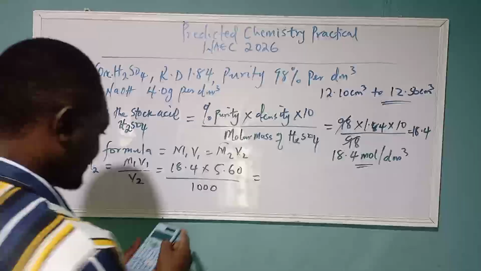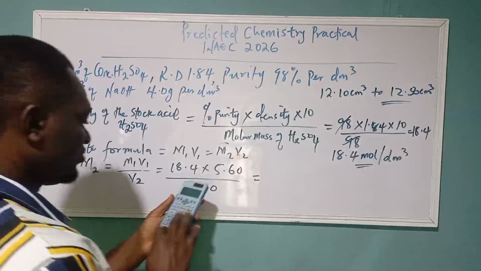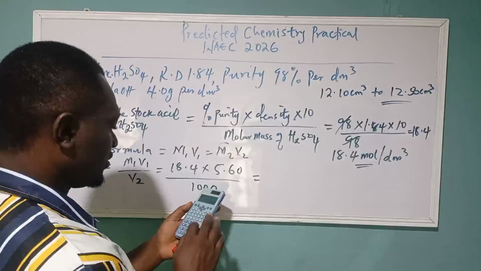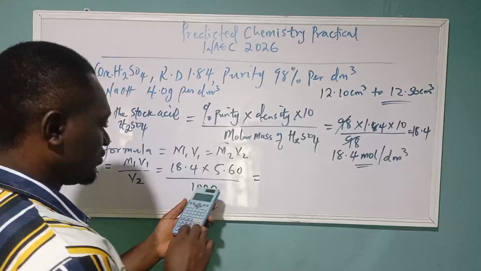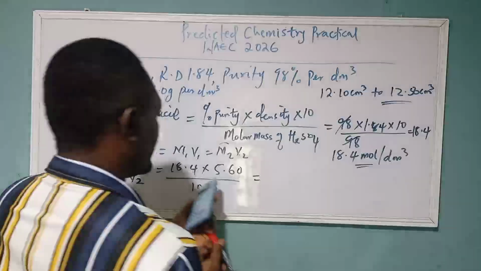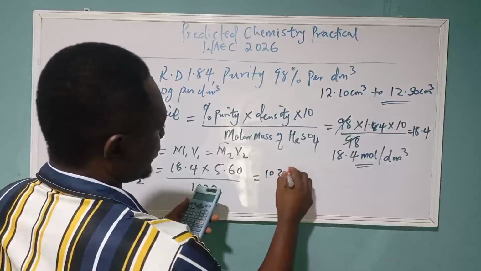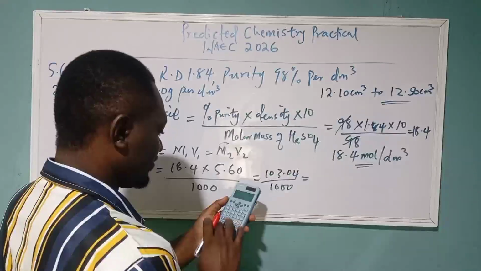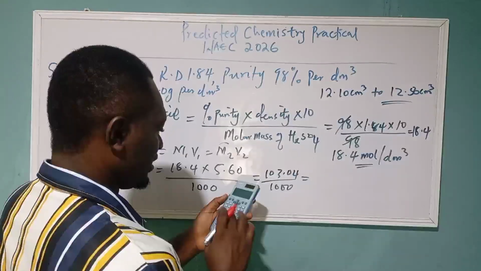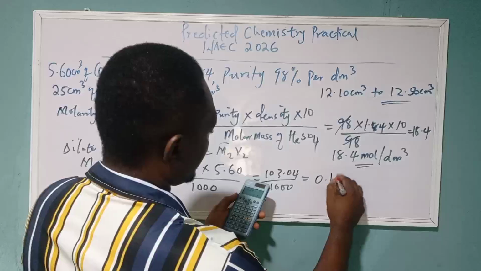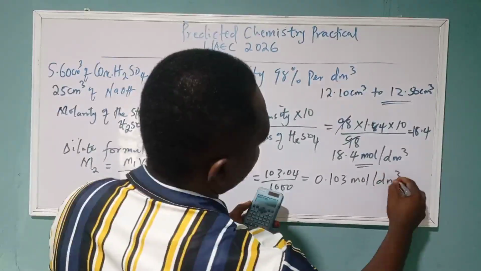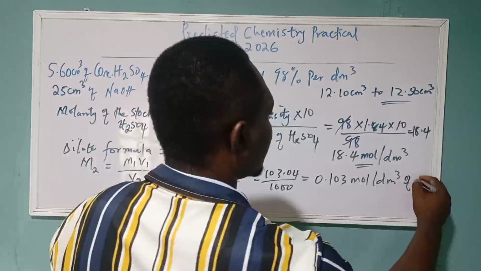Where's our calculator? So we have 18.4 times 5.60, which gives 103.04. We divide by 1000, and that will give us 0.103 mole per dm³ of the acid.